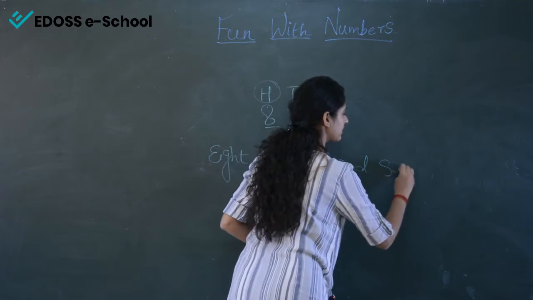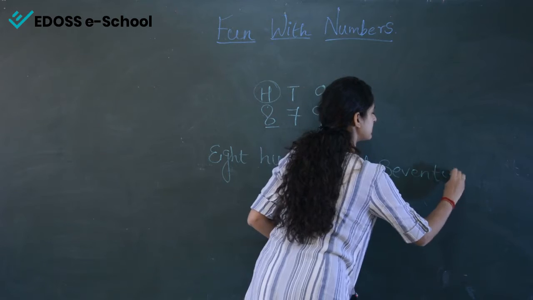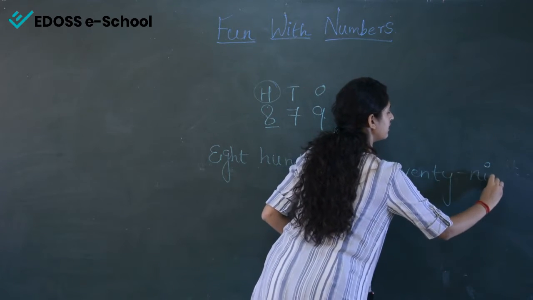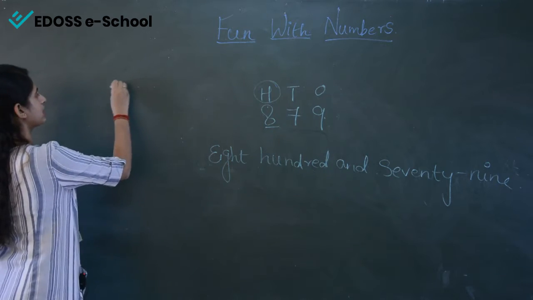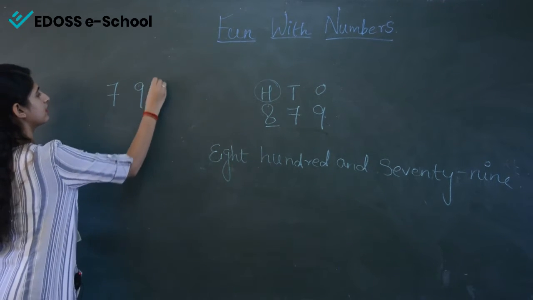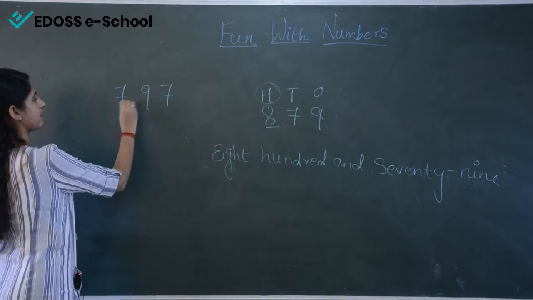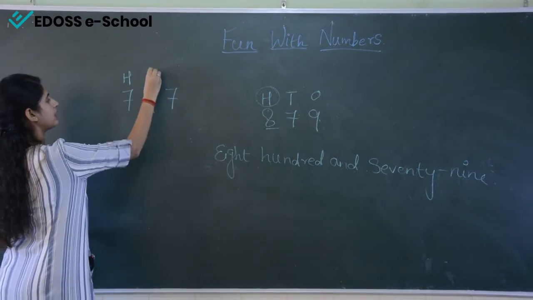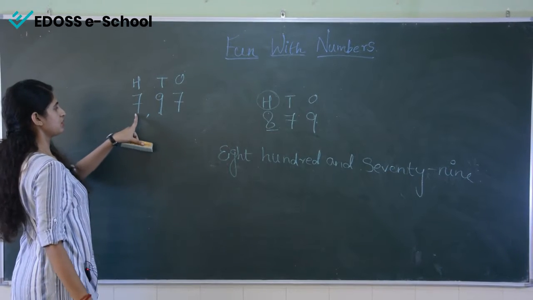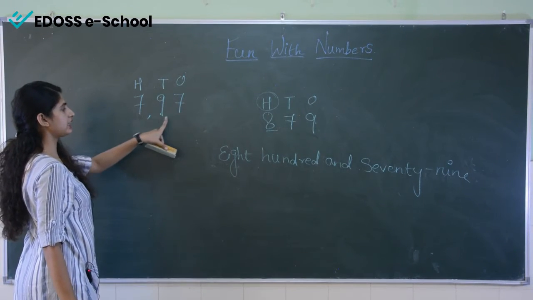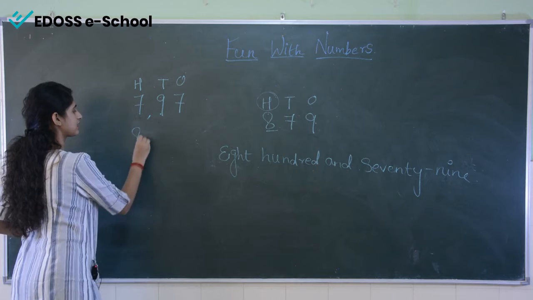Then 797: 700, this is at 10's place and this is at 1's place.